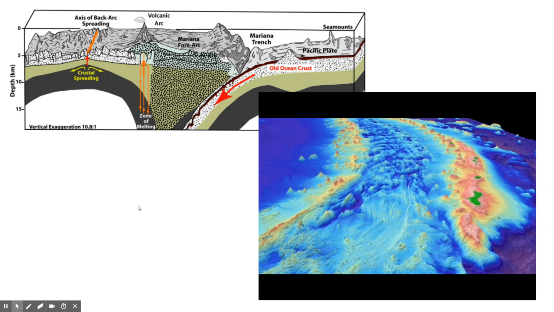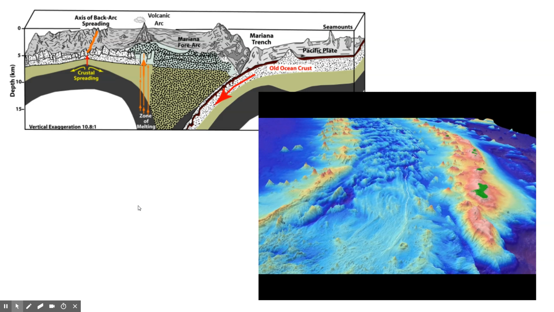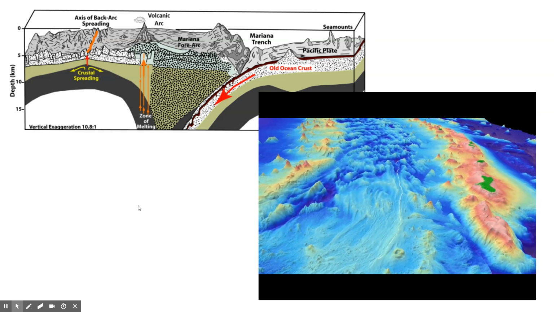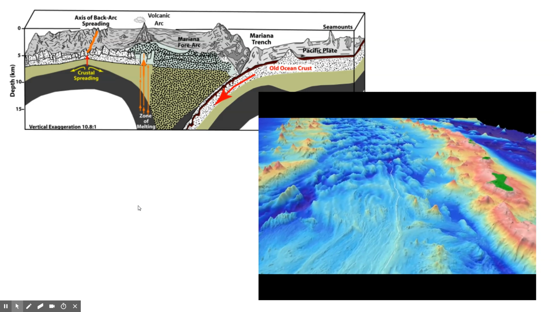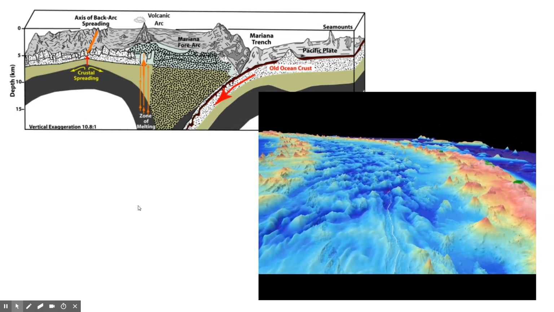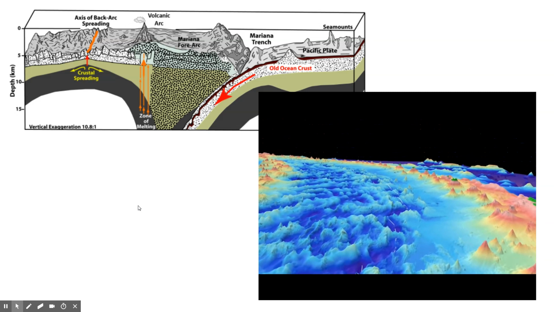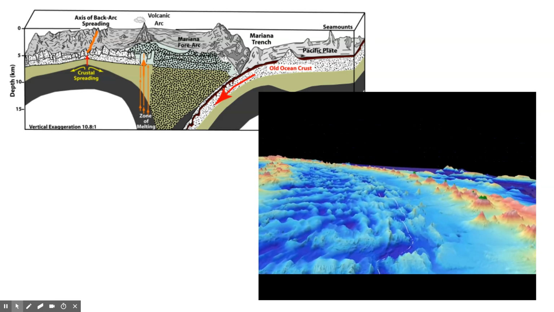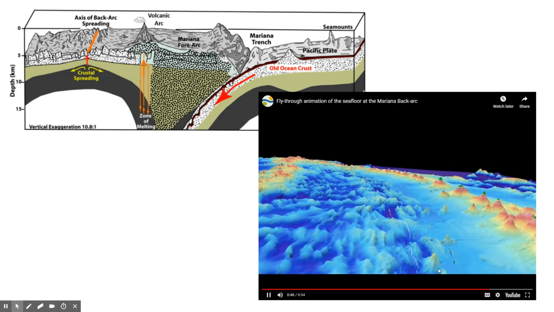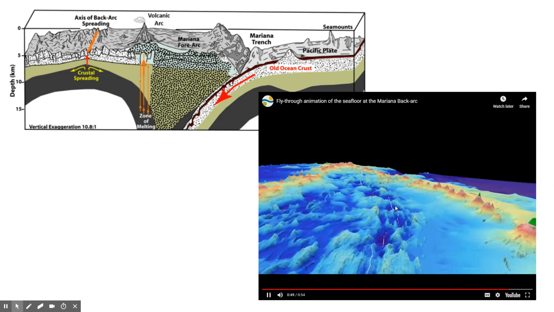In the middle right, you can see the island of Guam. We're going to fly along the Mariana back arc, which is this white line. So this is what it would look like if you could see through the ocean to the seafloor. The Mariana back arc is where the upper plate is spreading. So the part to the right is moving to the right, the part to the left is moving to the left, causing the hydrothermal events that we're hunting for.